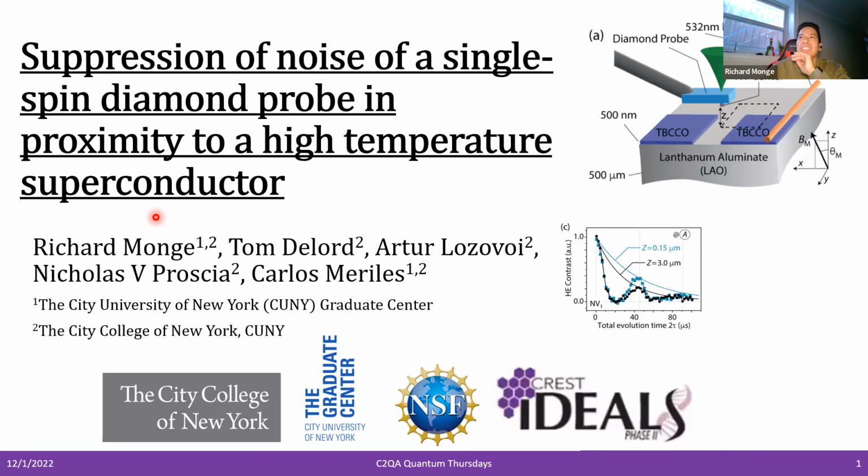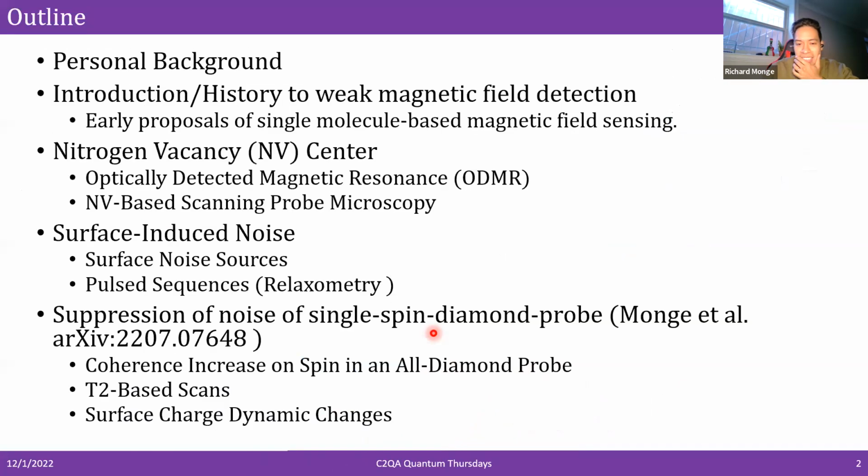Just as a brief introduction into the outline: first, I will give a personal background, then I will do a bit of introduction and the history in weak magnetic field detection. There were some early proposals back in the late 90s to early 2000s. Then I will get more into the nitrogen vacancy center, which is the defect that we use to perform this magnetic field sensing.